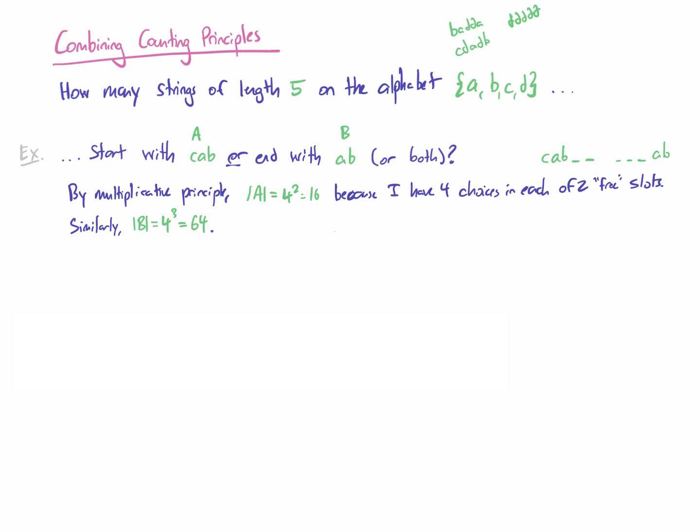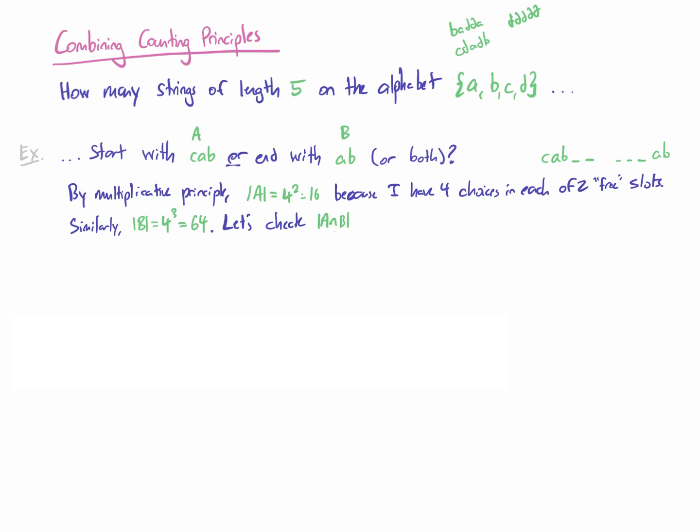So here's the thing, though. I can't yet just add these together. I can't add 16 and 64 and get 80, because I need to check for the intersection. I'm not sure if I'm doing a disjoint union problem or not. So let's check A intersect B. What is that set? I have to have strings that begin with the 3 letters CAB and end with the 2 letters AB.